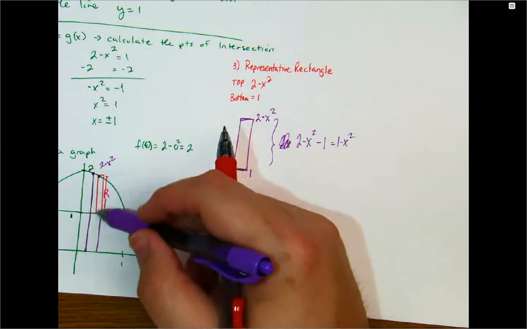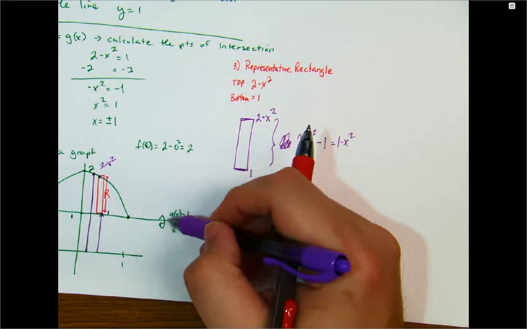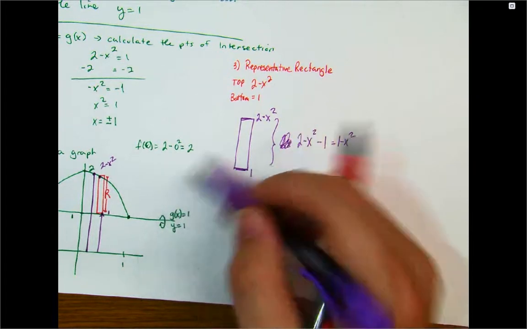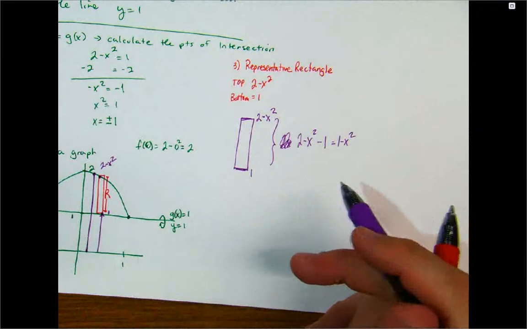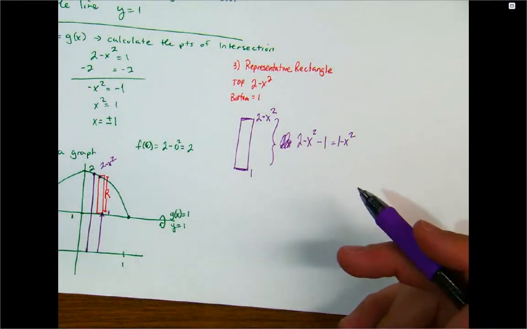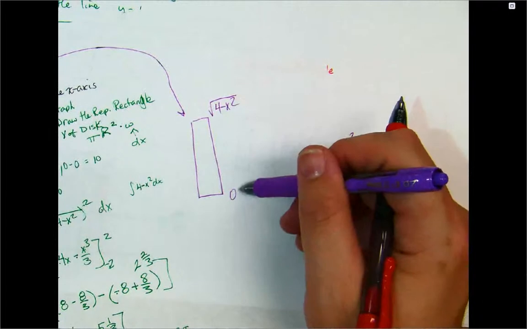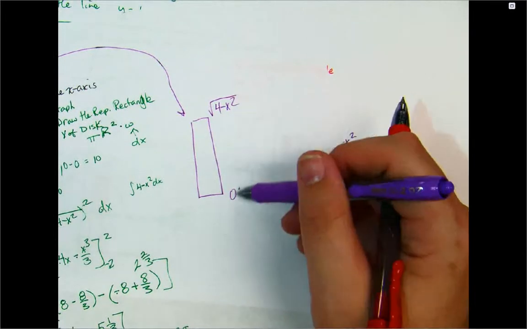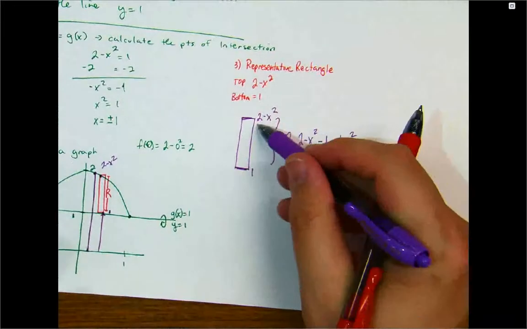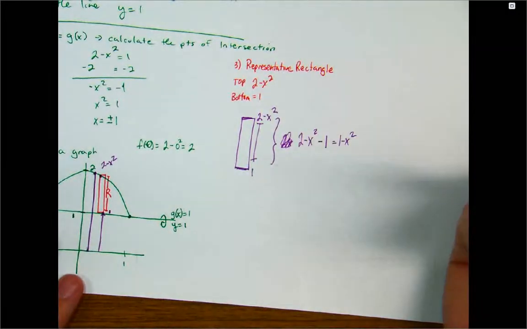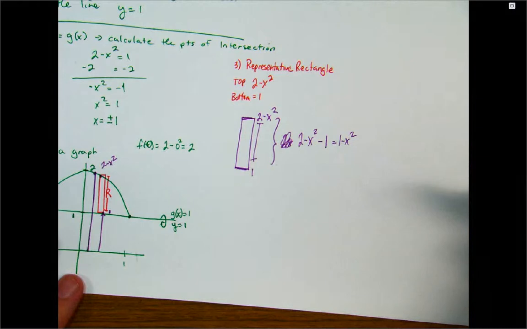That's all we're trying to find. And then since this is essentially the new x-axis, we're going to rotate around that. So this one would be square root of 4 minus x squared minus 0, top minus bottom, to get the length of your rectangle. Here, to get the length of the rectangle, is top minus bottom again. And we end up with this.